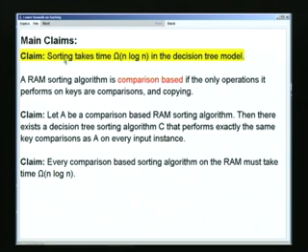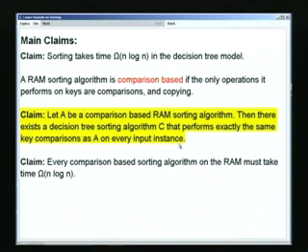Now we want to look at the next claim. The next claim is the one which relates comparison based sorting algorithms in the RAM to decision tree sorting algorithms. The claim says, let A be a comparison based RAM sorting algorithm, then there exists a decision tree sorting algorithm C that performs exactly the same key comparisons as A on every input instance.